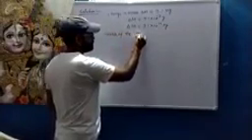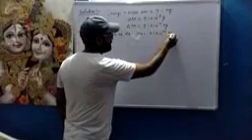Mass of an electron is 9.1 10 to the power minus 31 kg. How many electrons are transferred? So delta M is equal to N ME, so N is equal to delta M upon ME.